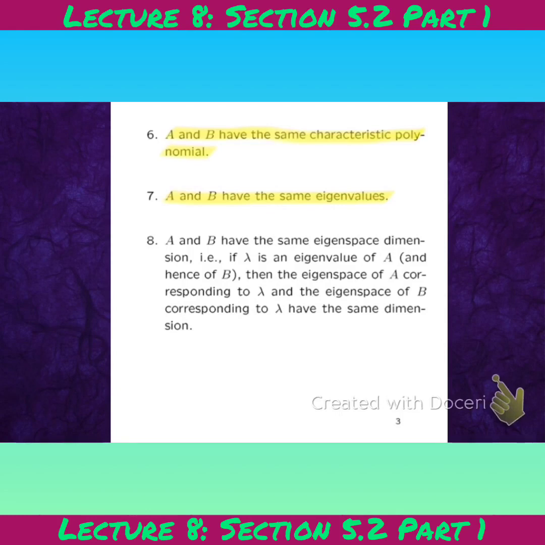And therefore the polynomial is going to give the exact same eigenvalues for the matrix A and the matrix B. And then the last property states that if A and B have the same eigenspace dimension, in other words, if lambda is an eigenvalue of A, and then obviously it's going to be an eigenvalue of B as well, then the eigenspace of A corresponding to lambda and the eigenspace of B corresponding to lambda have exactly the same dimension.